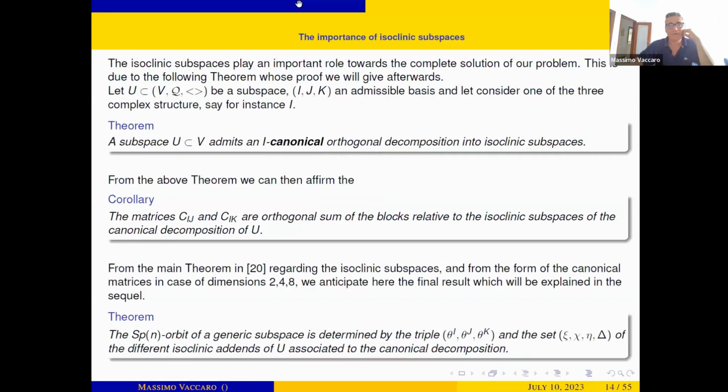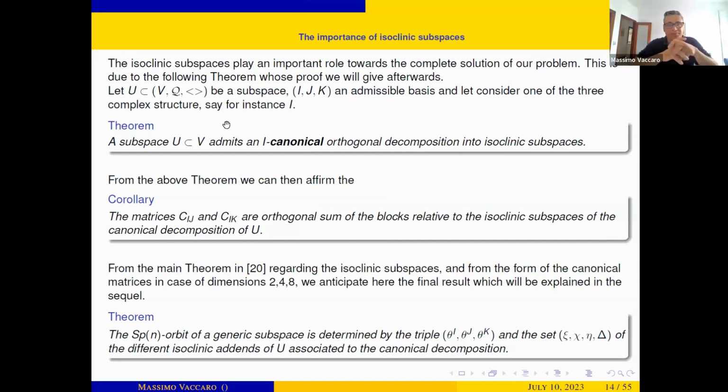So the main result in this talk, which then leads to the final result, is that the isoclinic subspaces play an important role towards the complete solution of our problem. This is due to the following theorem, whose proof we will give afterwards.